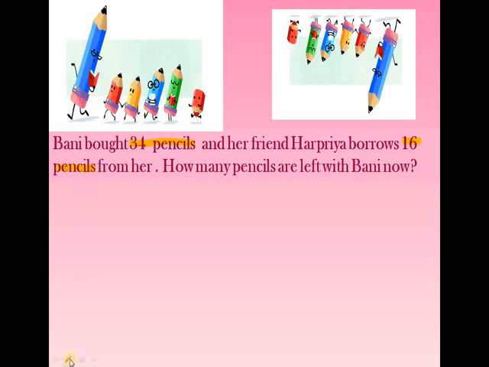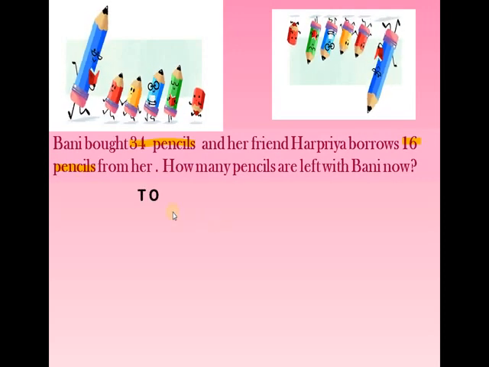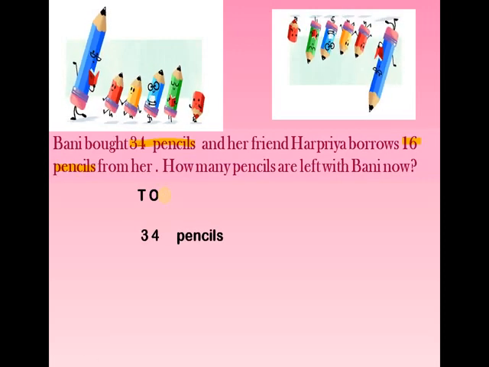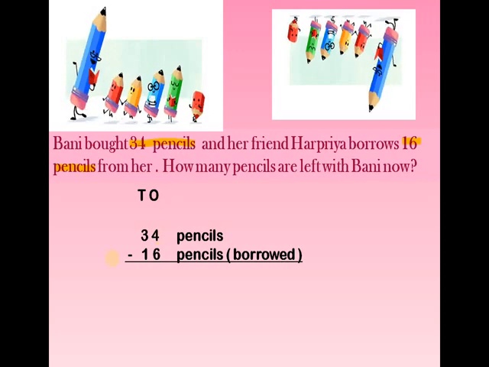You need to specify what you are using, which word, pencil, castle. Then write place value first: 34 pencils, the total number of pencils, minus 16 pencils which were borrowed by Harpriya.